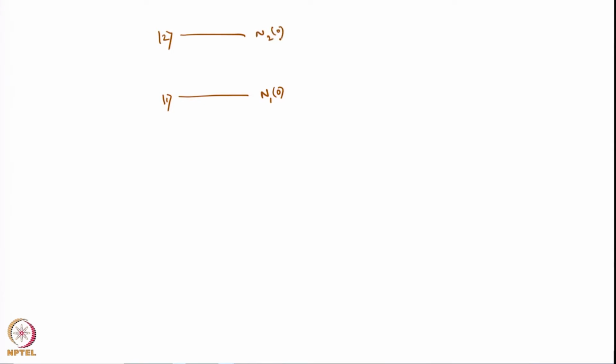If you start with a very large separation of 1 and 2, then n2 at 0 will be equal to 0, and n1 is 100%. Then you shine light h nu corresponding to delta E, equal to E2 minus E1.